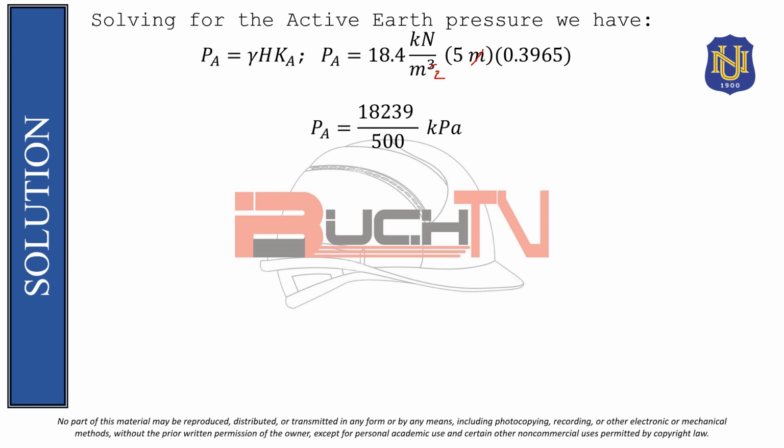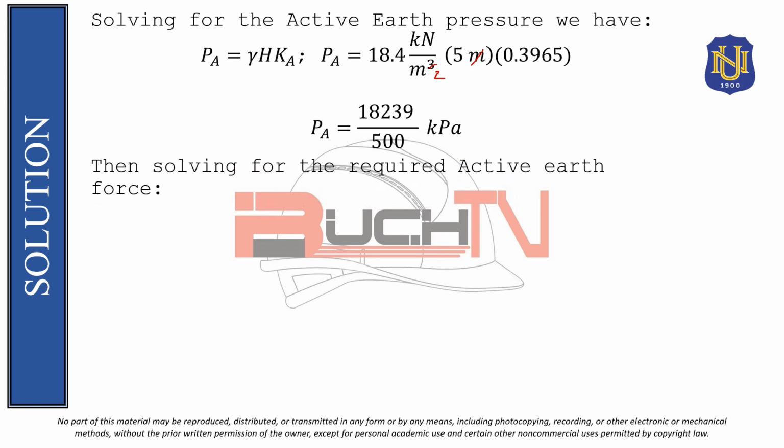Hindi pa siya yung sagot kasi ang hinahanap natin is yung active earth force or yung active earth thrust dun sa wall. So, para ma-solve yun, kukunin natin siya dun sa area ng triangle. E di ba, ang area ng triangle is ito.